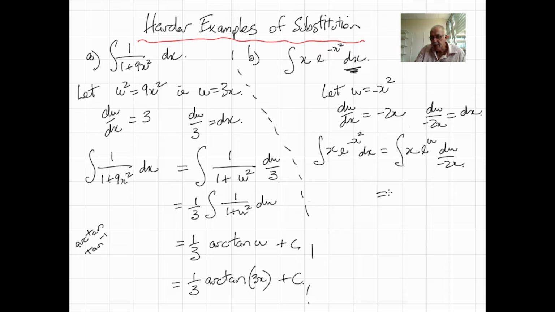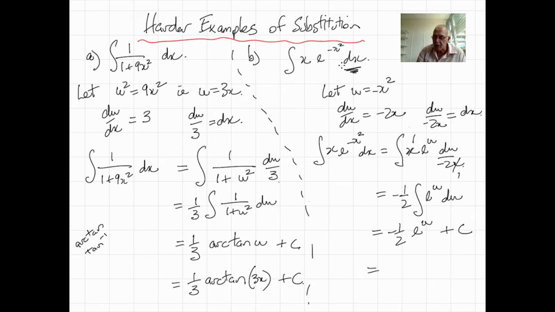Now we said that if we've got an x involved here, leave it as it is, but it should cancel out with what we've done when we've done the substitution for dx, which it will. So that x will go once. The negative 2 down there, it's 1 over negative 2, so that will come out the front. 1 times e to the u is e to the u du. The integral of e to the u will be just equal to e to the u plus c, our constant of integration.